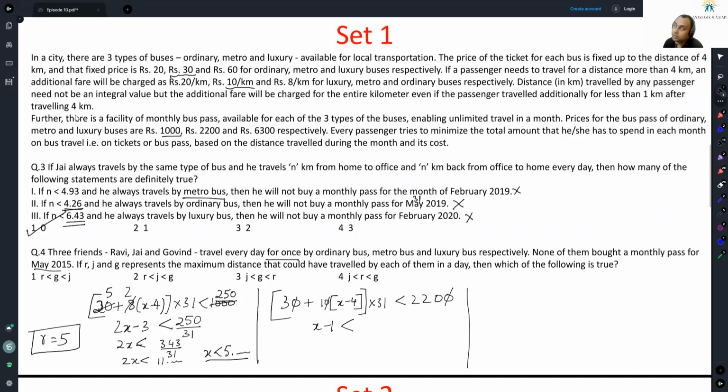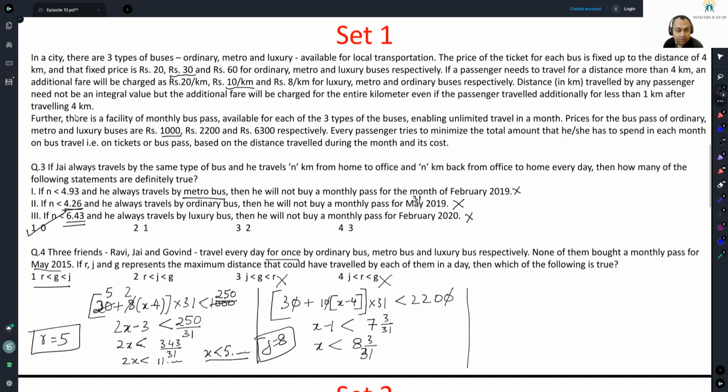So 31 into 7 would be 217. Okay. 7 whole 3 by 31. Cool. So x is less than 8 whole 3 by 31, or the maximum limit x can hit is, x is J, no? J will be 8. So I know R is smaller than J. This option is gone. This option is gone.